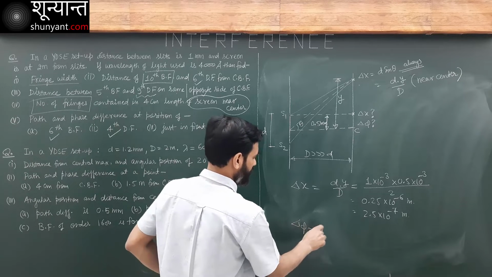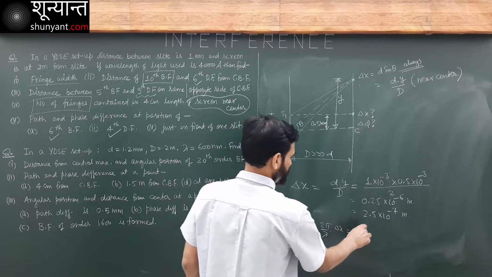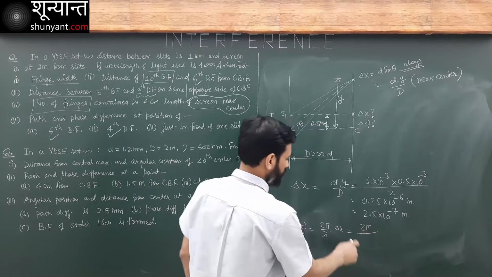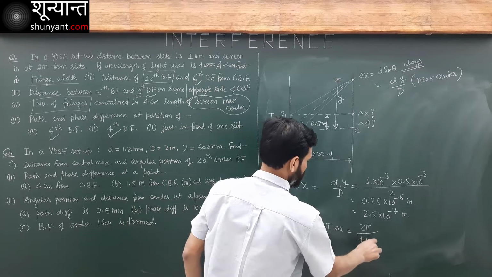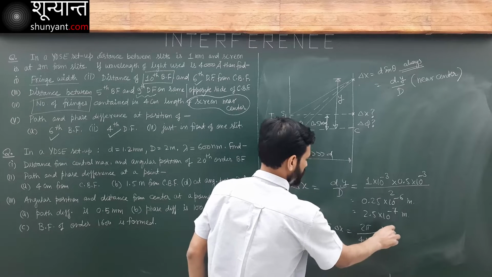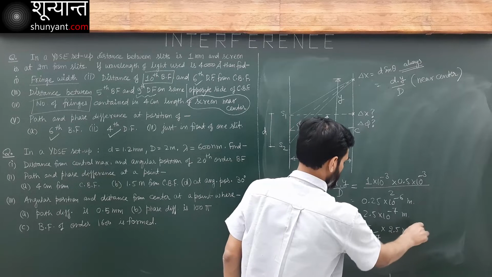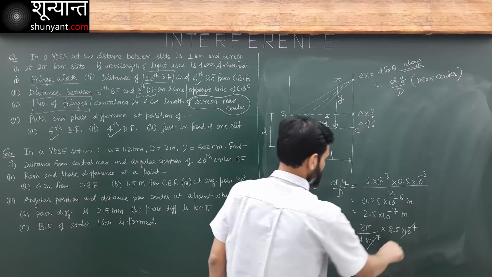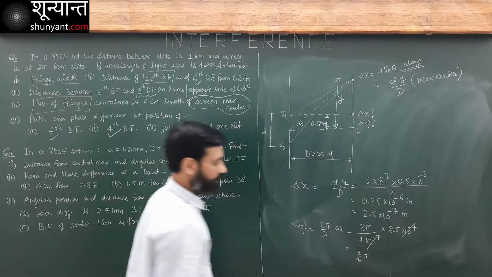Now what will be the phase difference? Delta phi will be 2 pi over lambda into delta x. Here 2 pi over lambda is 4 into 10 to the 6, so 4 into 10 minus 7 into 2.5 into 10 minus 7. You see, this gets cancelled. It is 5 over 4 pi.